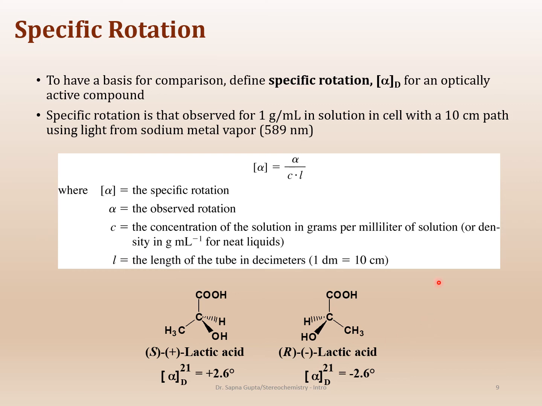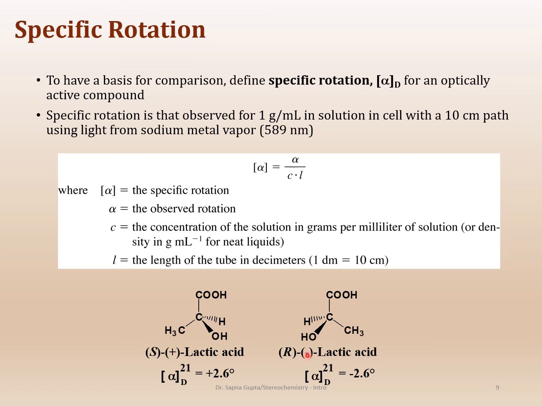I usually don't do too many specific rotation calculations in my lecture, but you have the formula here in case you ever have to calculate the specific rotation in a future class. This one here is lactic acid. You can see here that the plus is also an indicator of D, dextrorotatory.